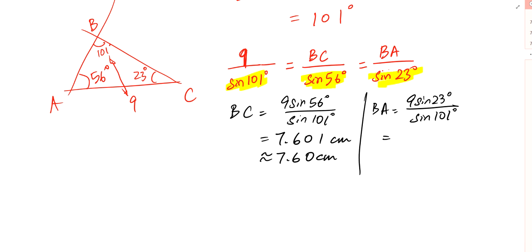Racy, do you have BA already? How much? 3.58 cm. Simple enough?